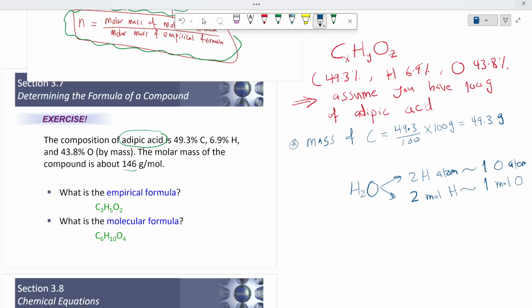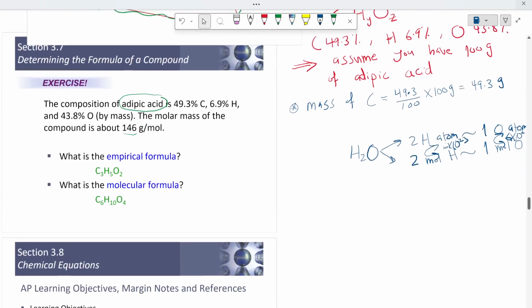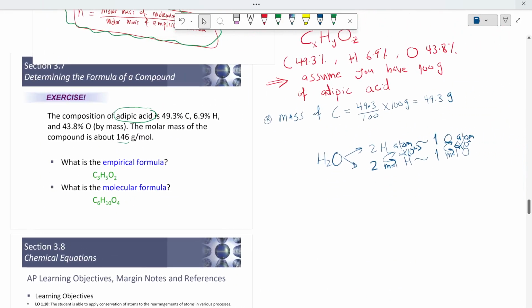As Avogadro is a constant, this ratio will remain the same, because to convert atoms to moles or moles to atoms, we need to multiply or divide by Avogadro. And here we should do the same. As you are multiplying or dividing using the same constant, which is Avogadro number, the ratio will be the same.